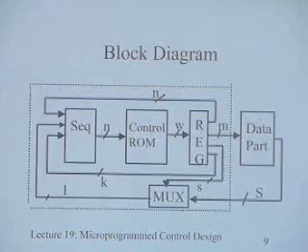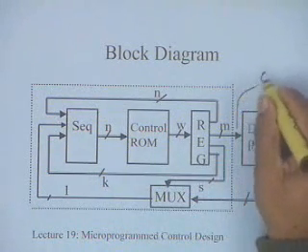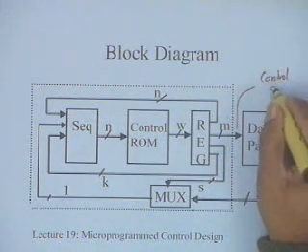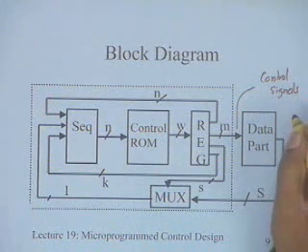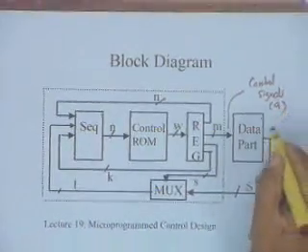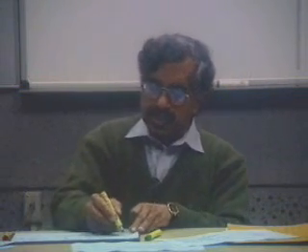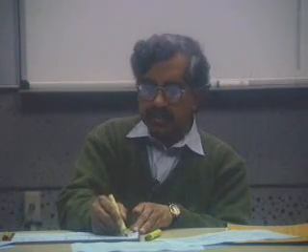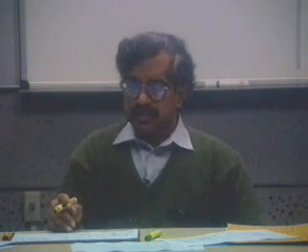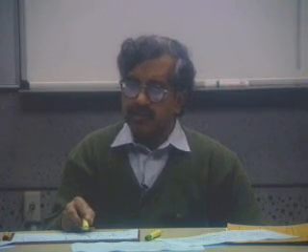So let's get back to these, the set of control signals which we have identified in this case to be 9 of them. These are the status lines which are coming from the data path, and I select one particular status line to perform a conditional jump.